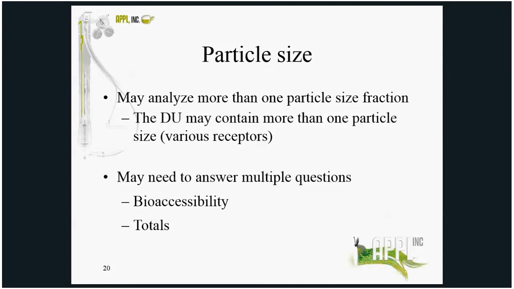Particle size. What size do I want to use? Well, maybe you want to look at the bioavailability of, say, arsenic and lead, but you may want to also look at PAHs in the whole soil.